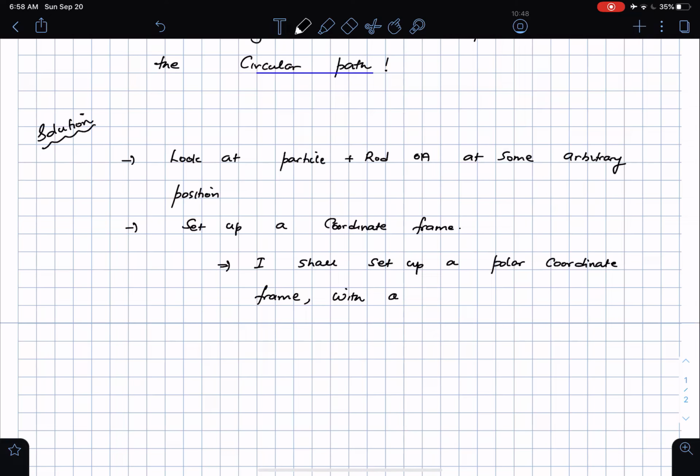The important thing is that this is a polar coordinate system and the observer is a fixed observer. Typically, whenever you set up a coordinate frame, always choose some kind of a fixed observer.